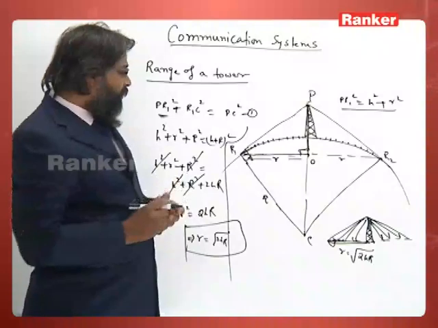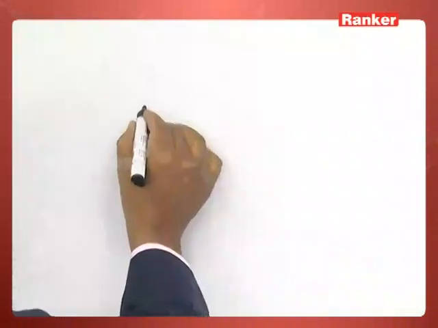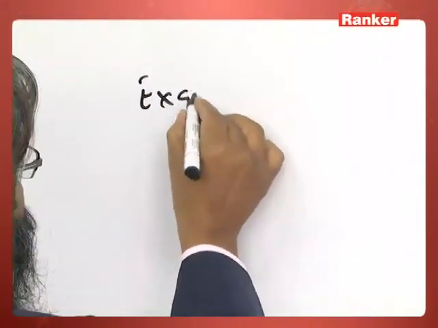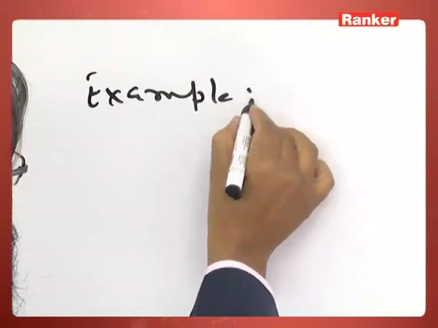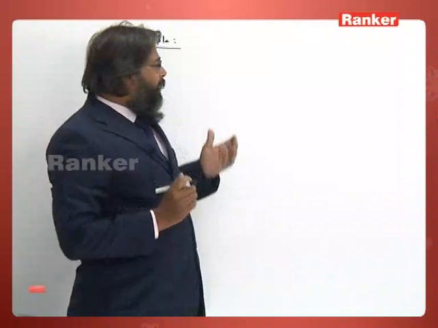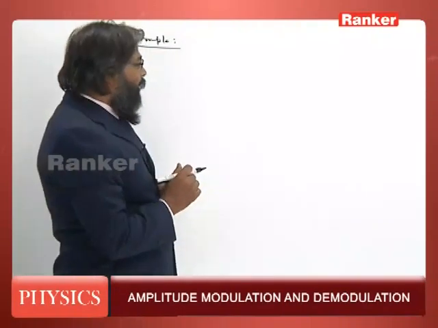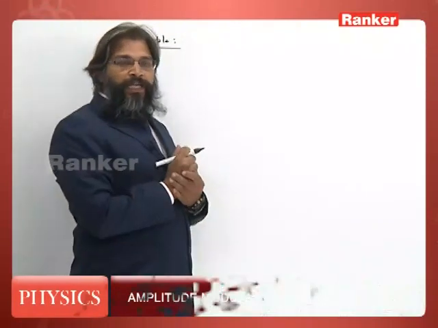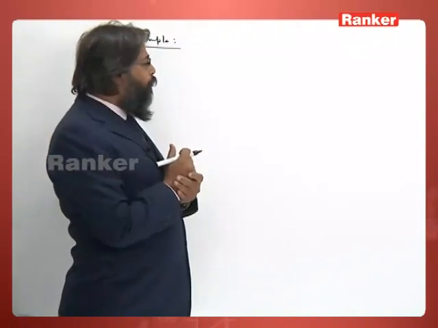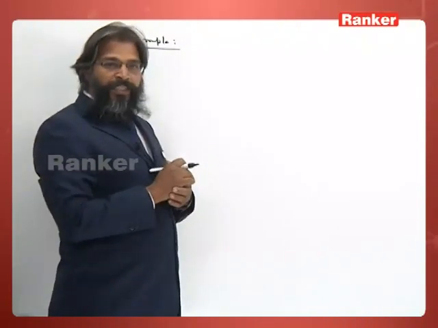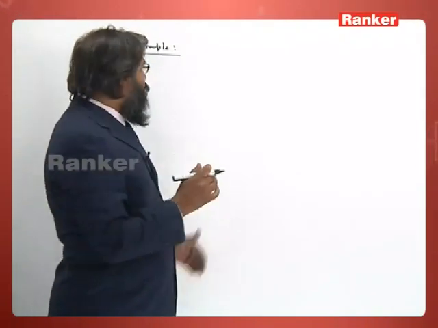Now let us see a problem through it. Let us take an example in which we will find the range of a communication system with two towers.